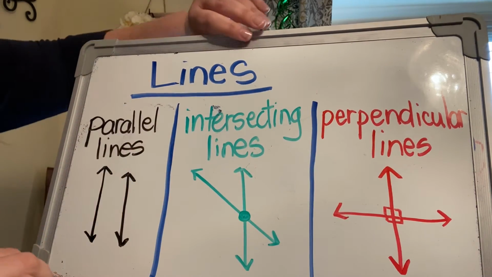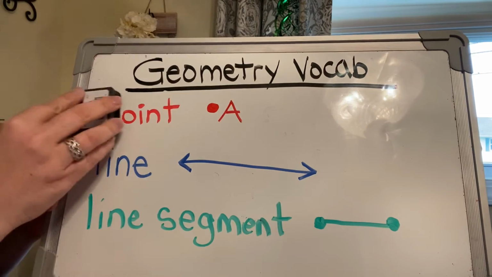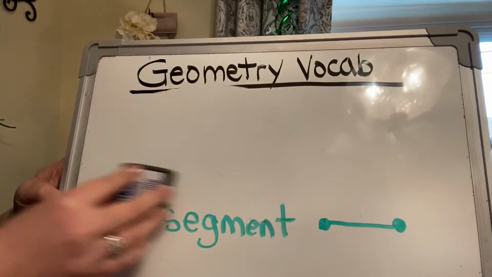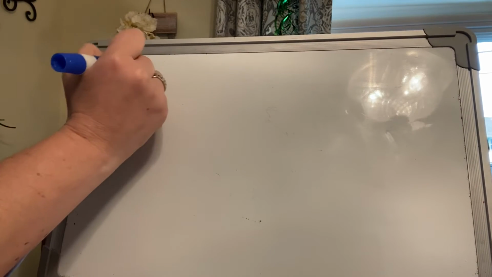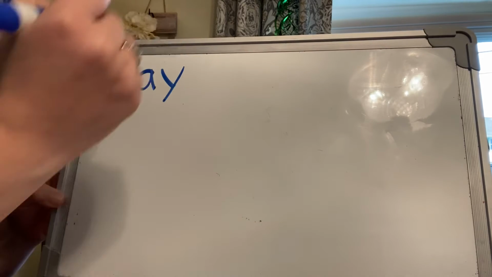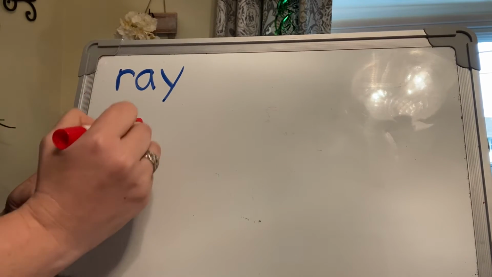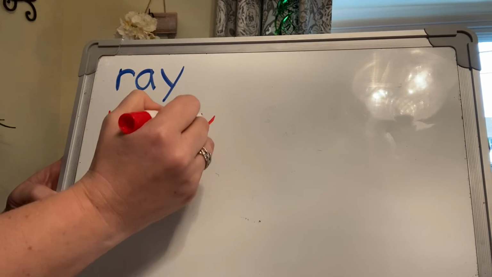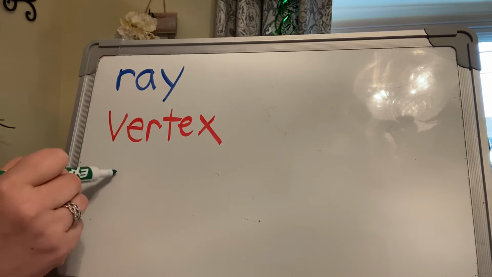Okay. I'm going to flip back to the front because there's a few more vocabulary words I want to talk to you about. We have ray, we have a vertex, and we have an angle.